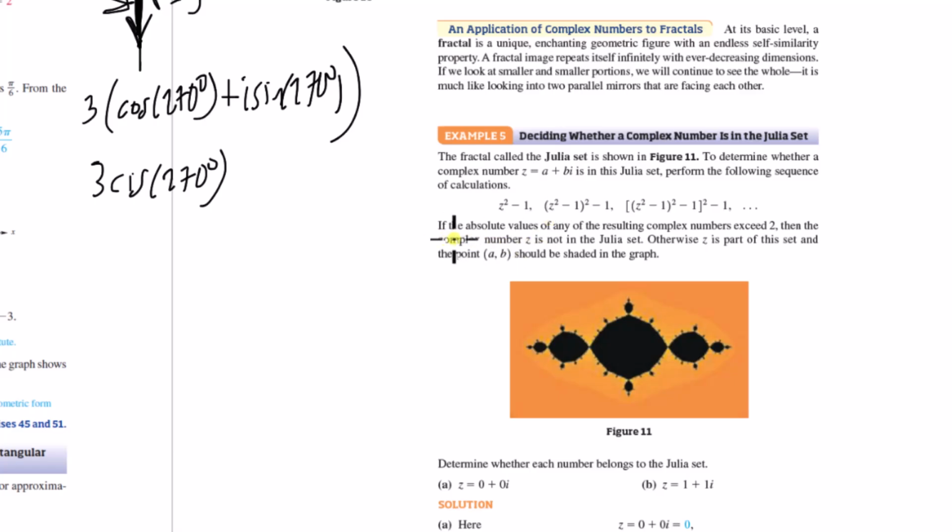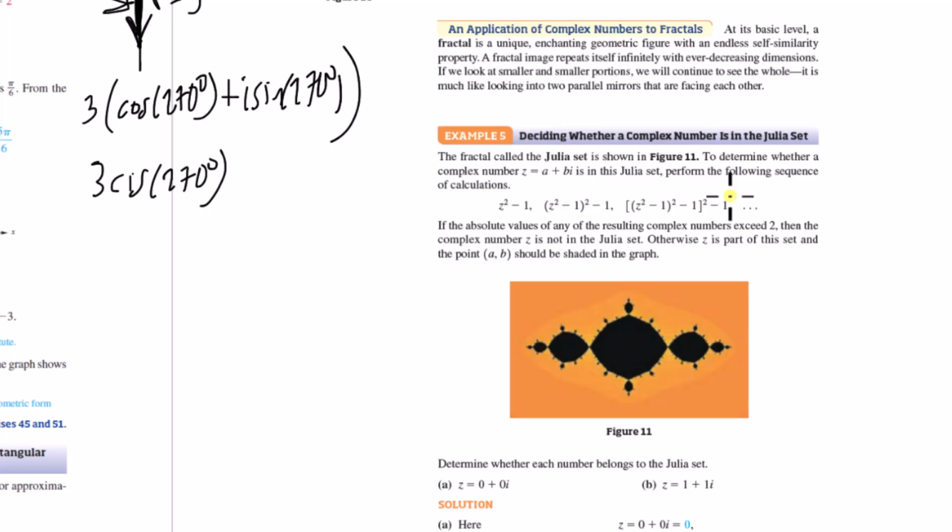Yeah, so they're talking about the modulus here. You're going to end up with a complex number every time, even if it's a pure real number. Each of these is going to be its own complex number.